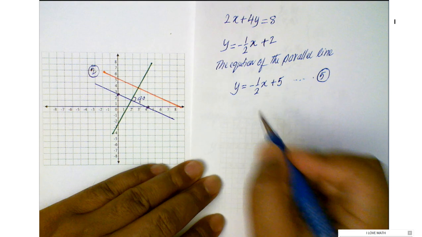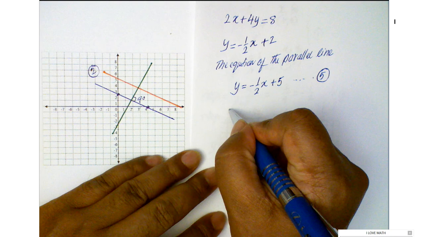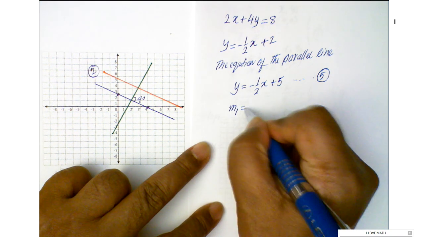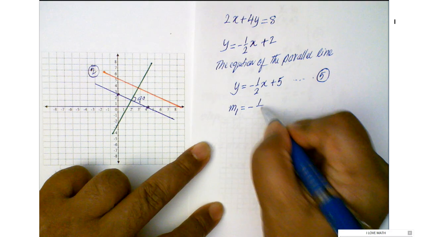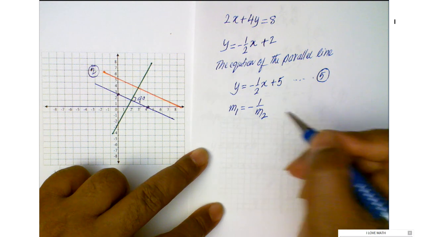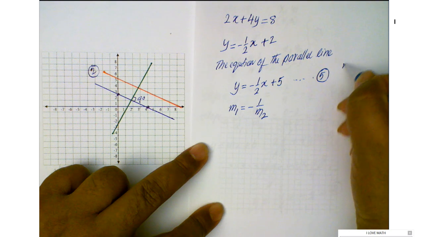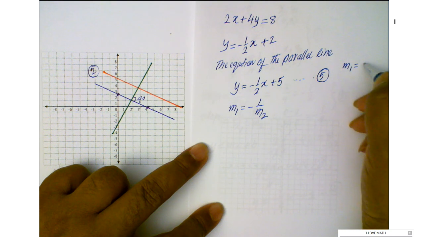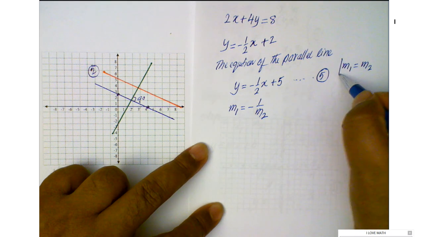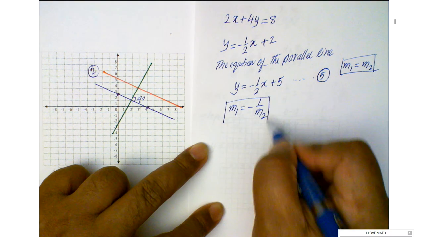Well, when two lines are perpendicular to each other, their slopes are related by this relationship: m1 is equal to negative 1 over m2. When they are parallel, the relationship is this: m1 is equal to m2. So this is in case of parallel lines, and this is in case of perpendicular lines.